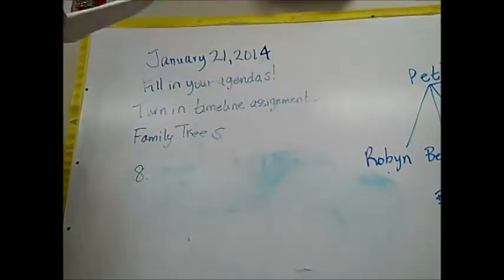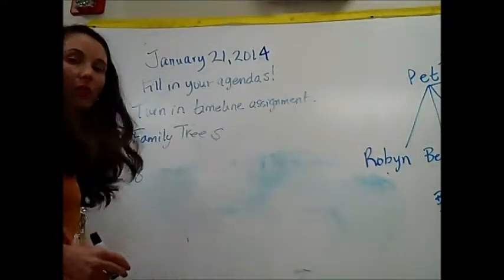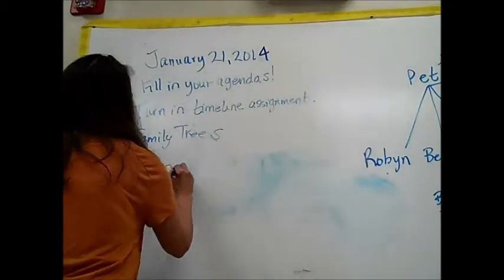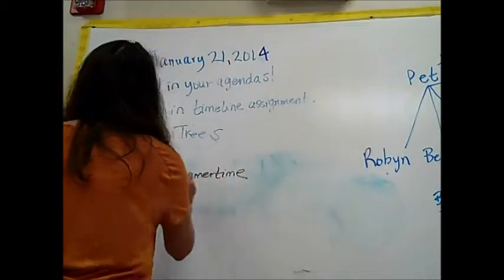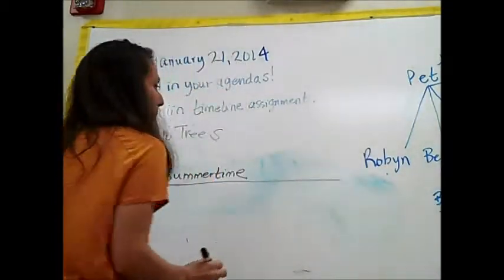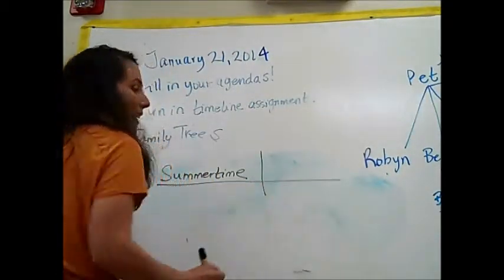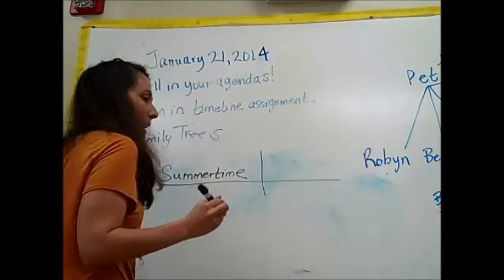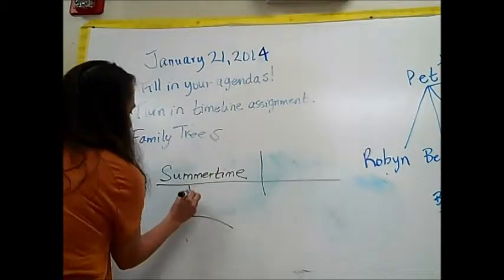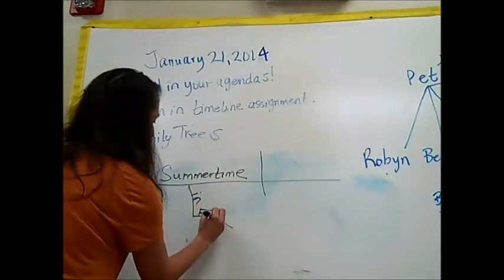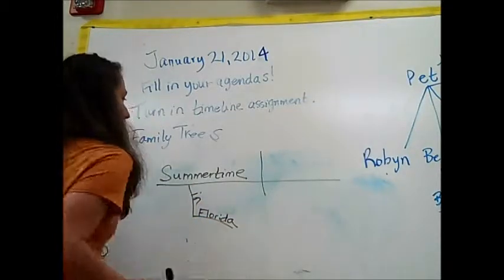All right, number 8. Summertime in Florida is usually hot. Summertime is our subject. But we're specifically talking about summertime in the state of Florida. And we know that in is a preposition. So we are going to do our L-shape, in Florida, because it's specific to Florida.